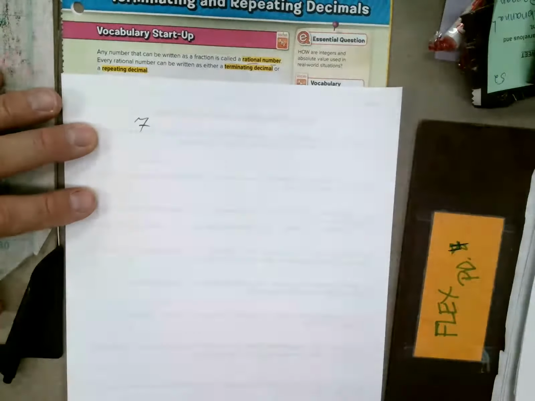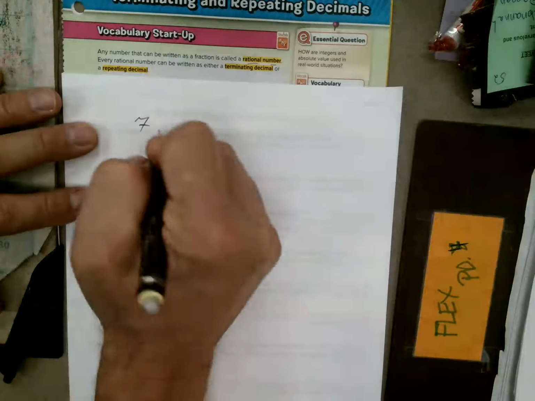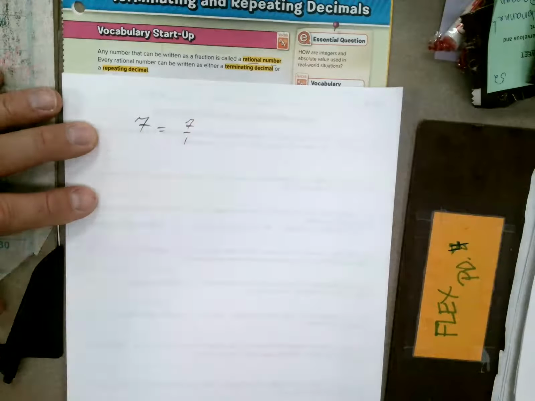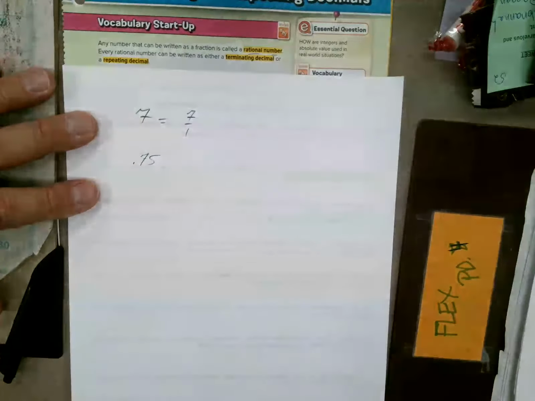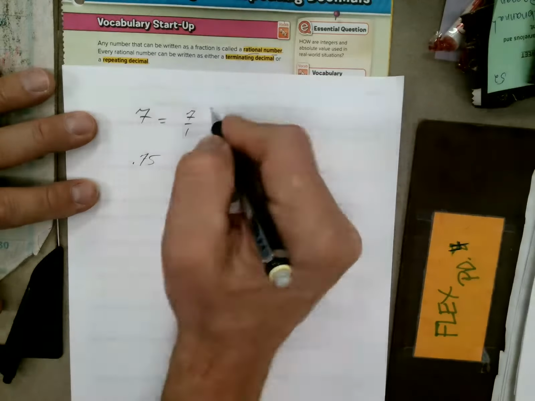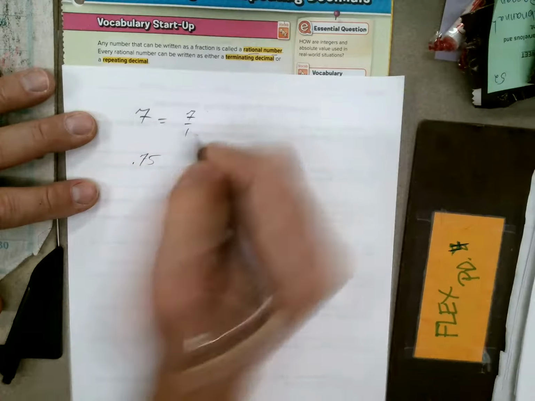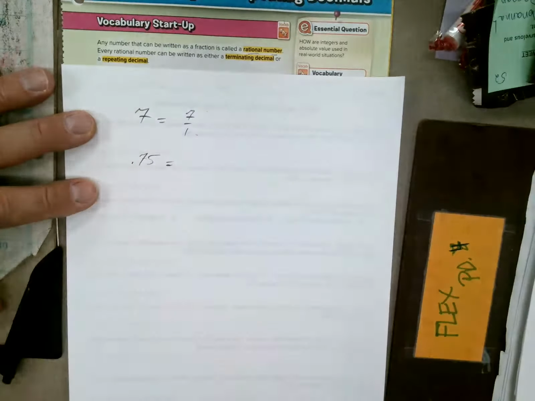So let's get a couple examples here on our scratch paper. If I give you the number 7, can I put that in a fraction? Sure can. 7 over 1. If I give you a decimal of 75 hundredths, could I put that in rational form? Really it's A over B, and B can't equal 0. B is the bottom number, the denominator.